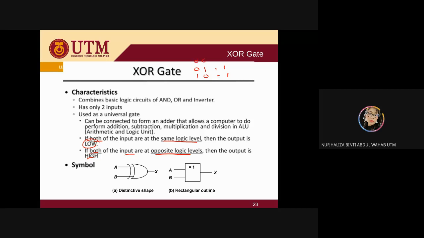The rest will be 0. So this is the truth table for your XOR. And this is the symbol for the XOR. You have the OR and there is another curve over here. So that is the only difference between OR and XOR.